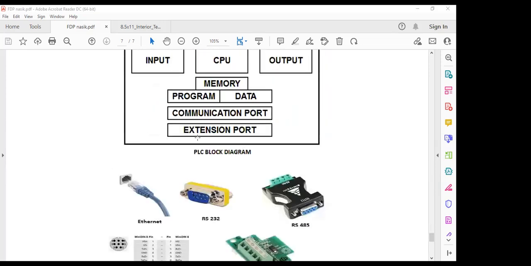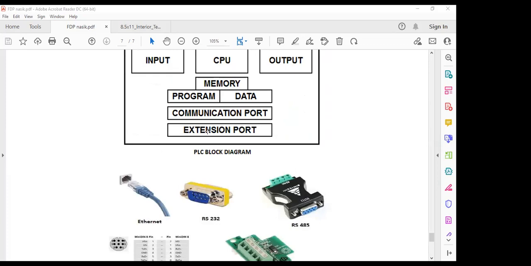Next, the last part is the extension port. On any PLC you will find an extension port. The extension port is used to extend the physical capacity of the PLC.